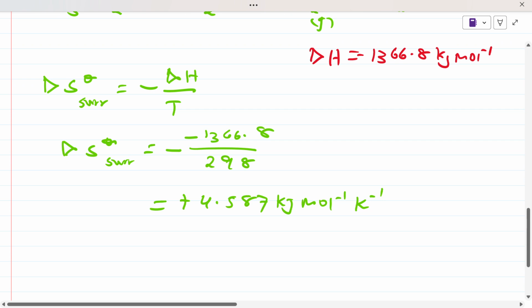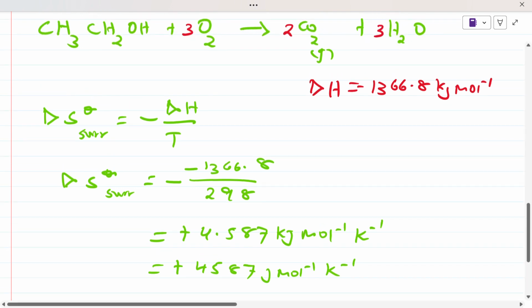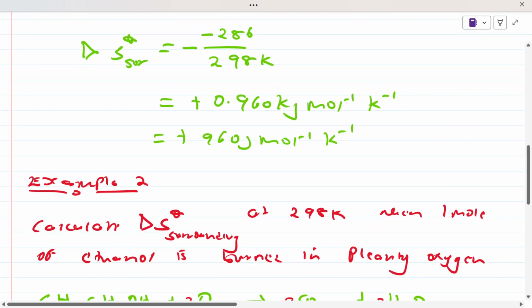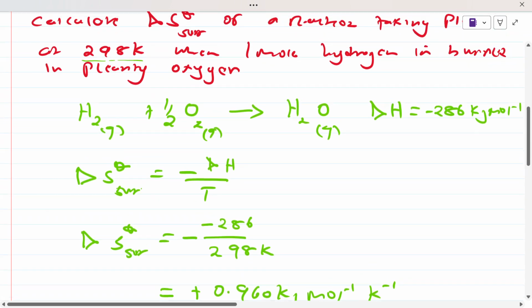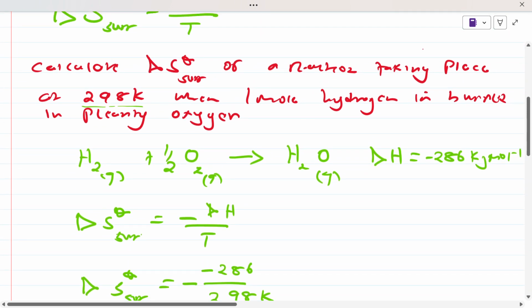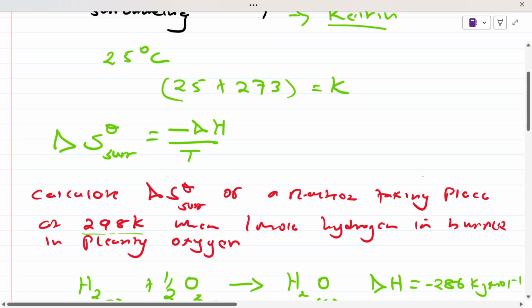If I decide to leave my answer in joules, I'm still going to get a positive value of 4587 joules per mole per Kelvin. So that's the simplest way of calculating entropy of surrounding whenever we are given the enthalpy change of a given reaction and the temperature upon which that reaction is happening.